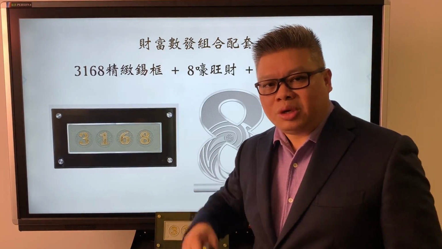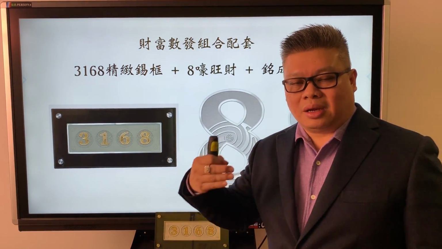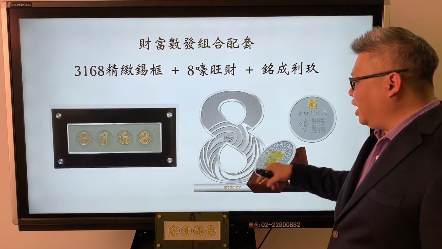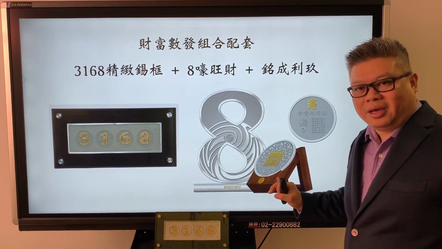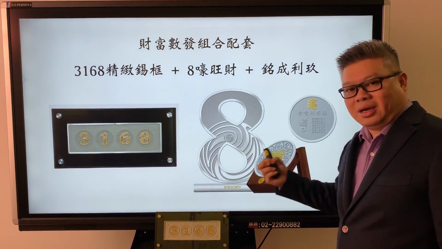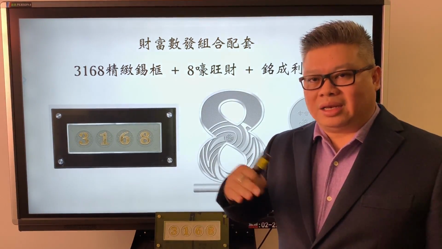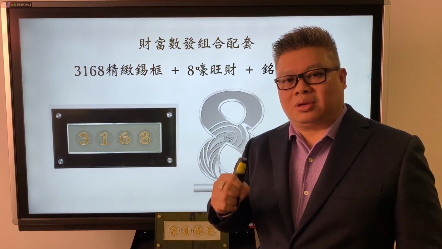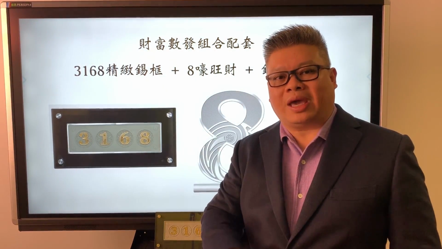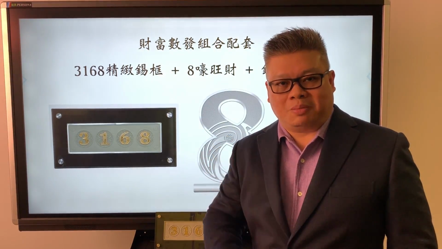You see that the 3168 is placed right at the entrance, and the number 8 plate together with the nameplate will be coupled together as one. So you do not separate the name and the 8. You combine them together, and we will help you locate the right position to place it.